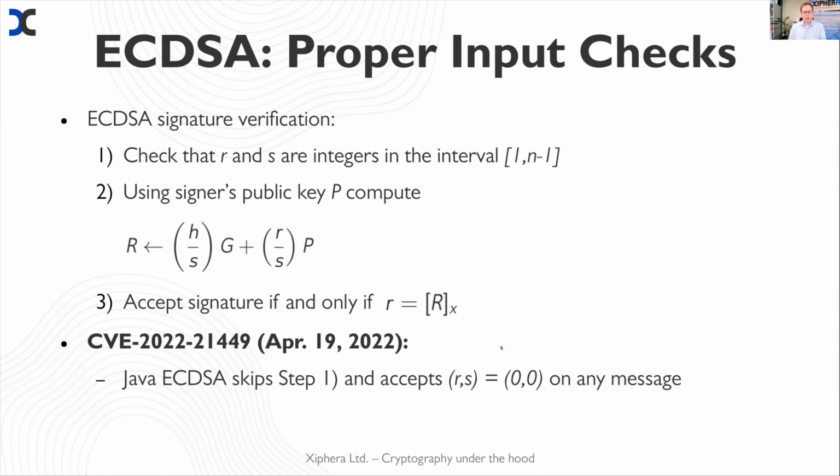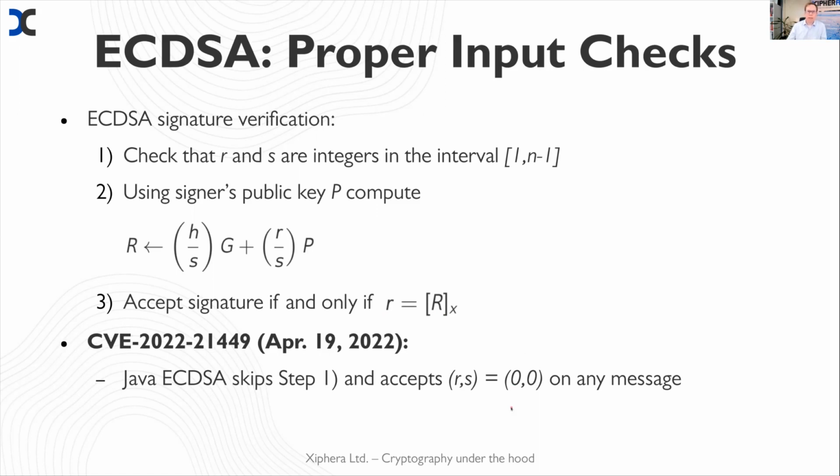And because of how the further steps worked, this resulted in a situation where the x coordinate of the point R was 0, and now this was 0 equals 0, and it accepted the signature directly.